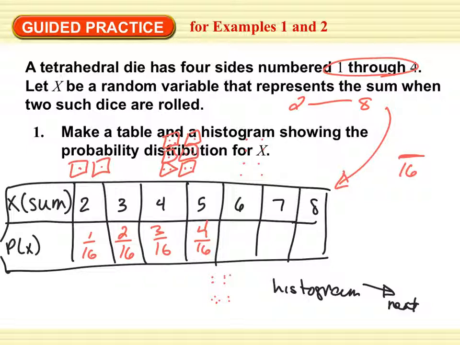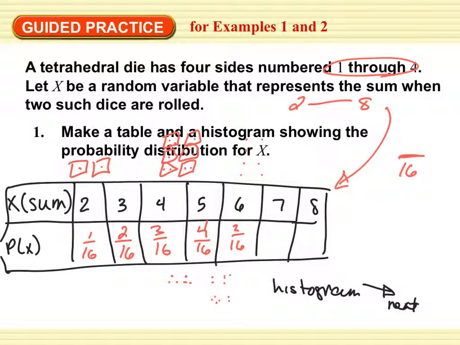I think that's it. Oh, what am I missing with 6? Oh, 3 and 3.